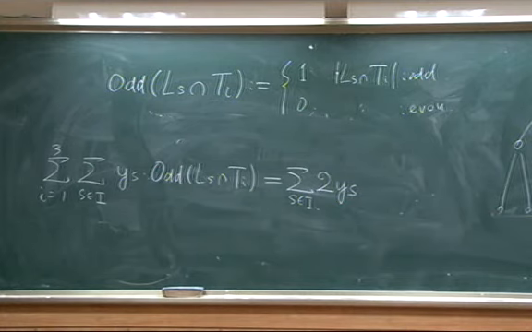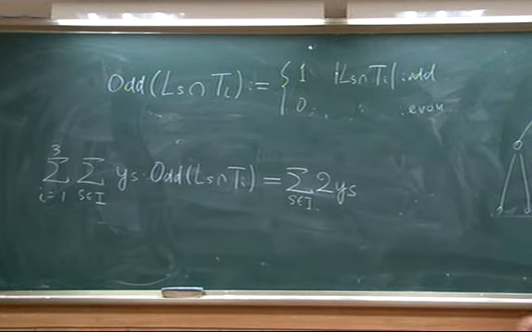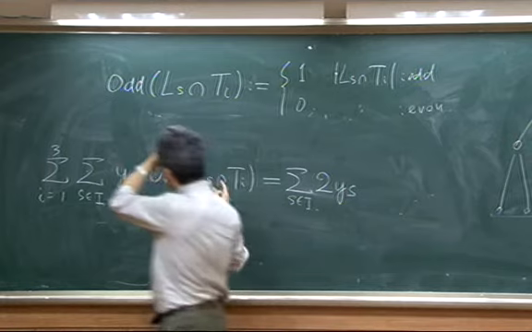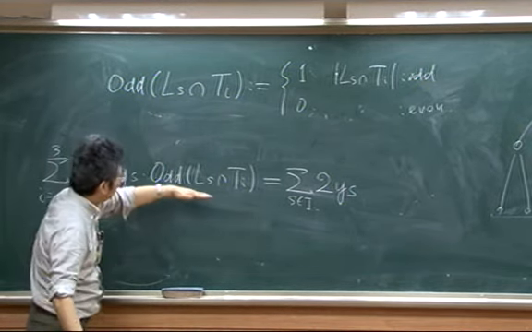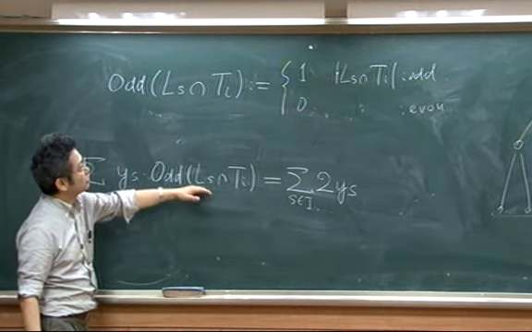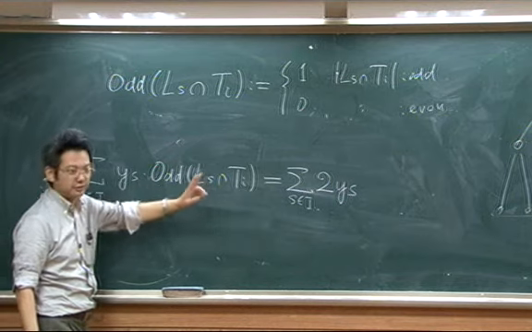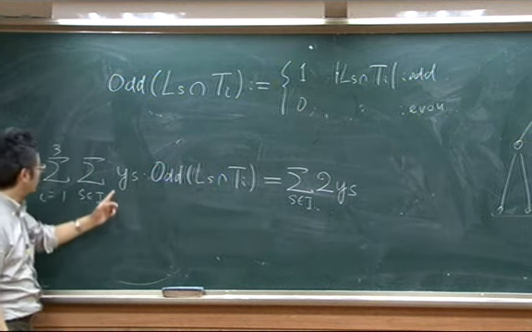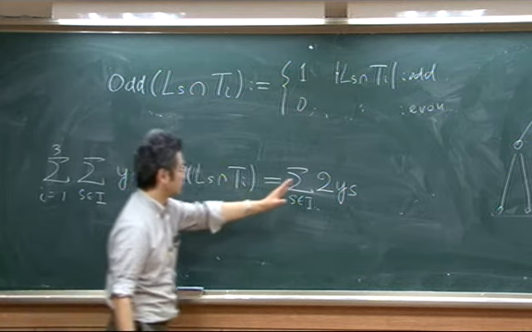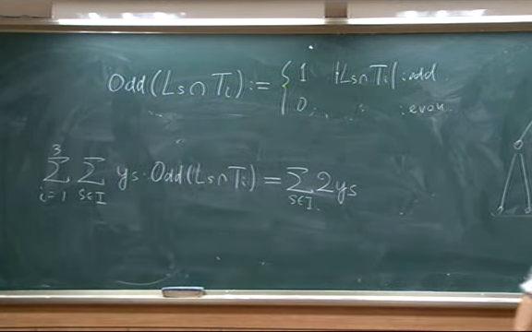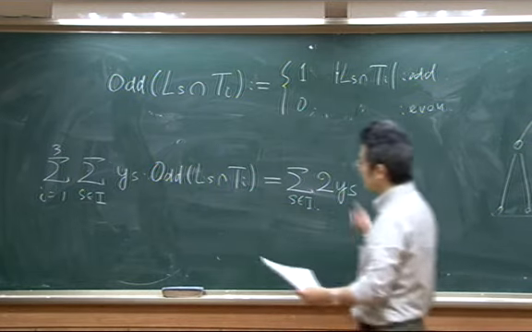Because of the property that for each inner point, exactly 2 of these 3 are odd, the sum of these is equal to twice the entire set. And so what does it mean?